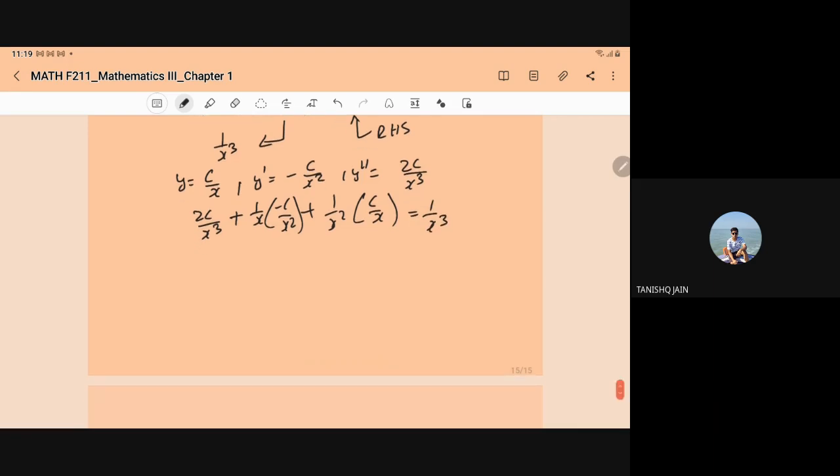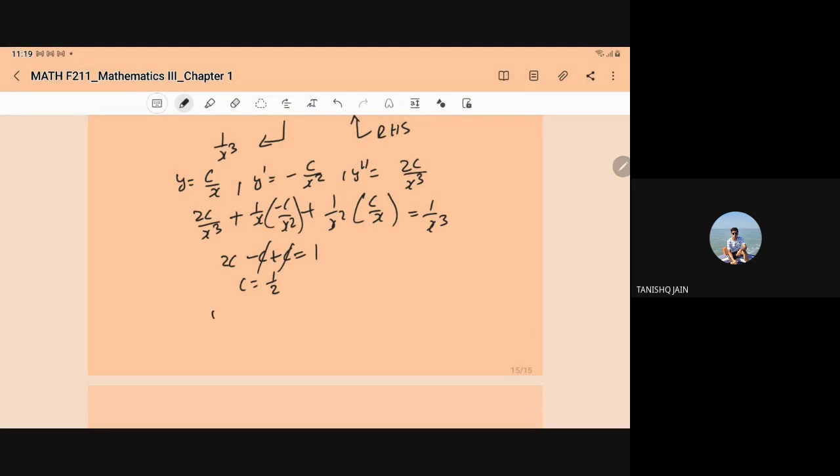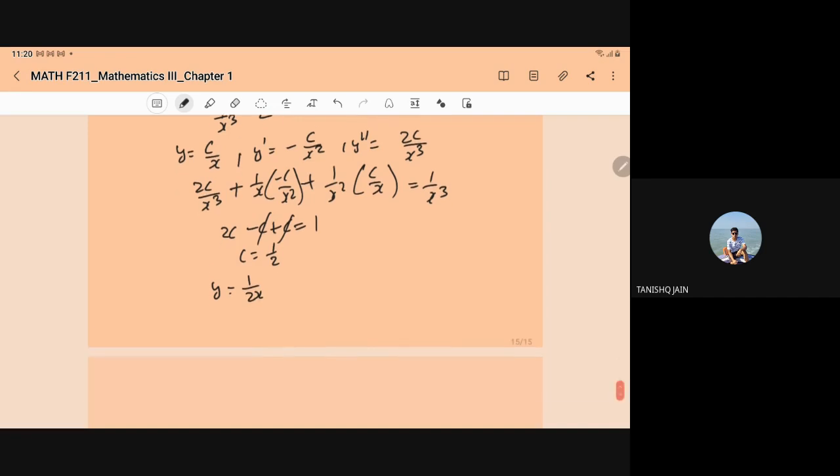So 1 upon x cube is everywhere. So here we have 2c minus c plus c is equal to 1. So here we cancel out. So c is equal to 1 by 2. So y is equal to 1 upon 2x will be the solution of the given equation.